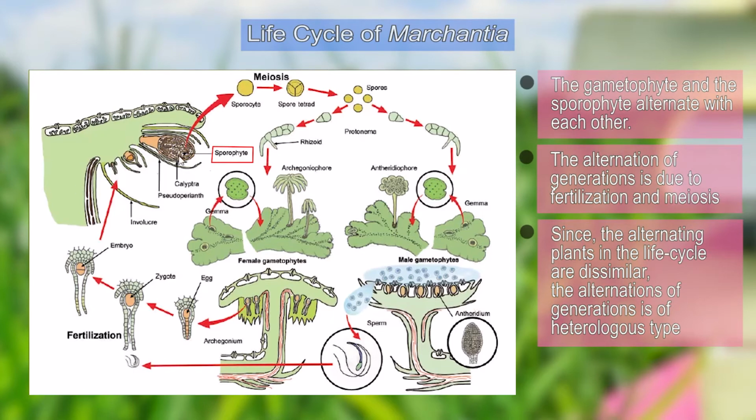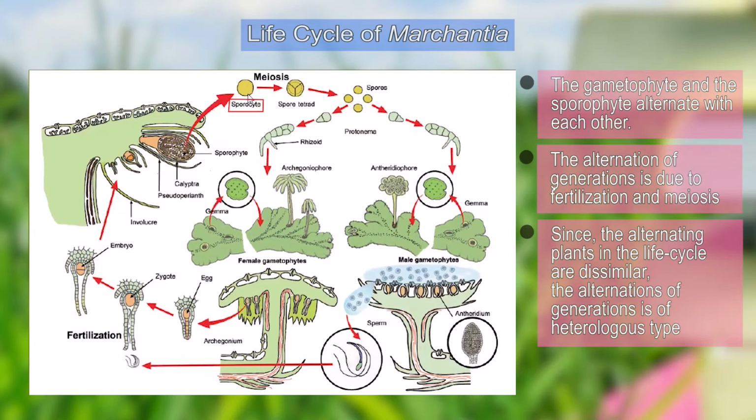The sporophyte contains a foot, a seta and a capsule. The foot helps in anchorage of the sporophyte, the seta helps in elongation of the capsule, and the capsule contains spores and elaters.